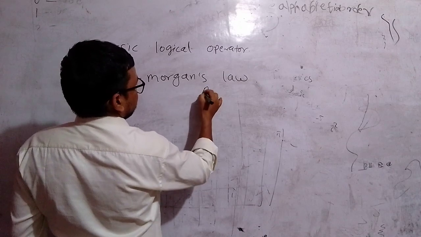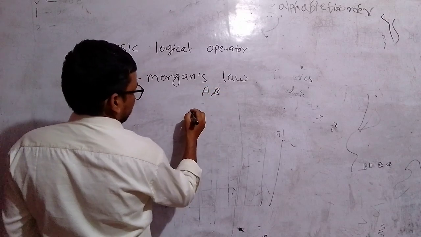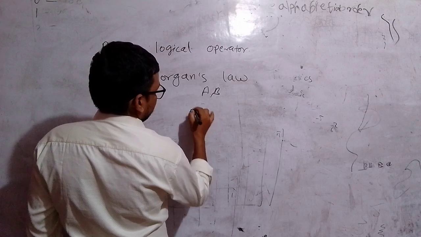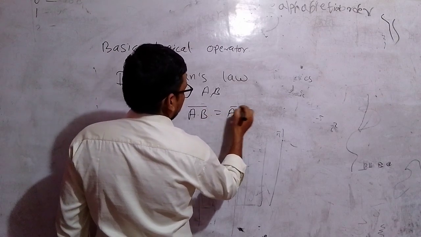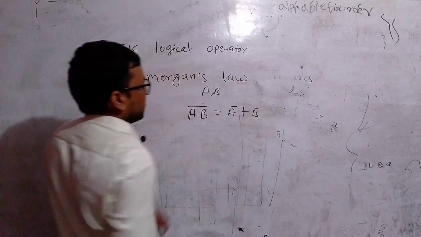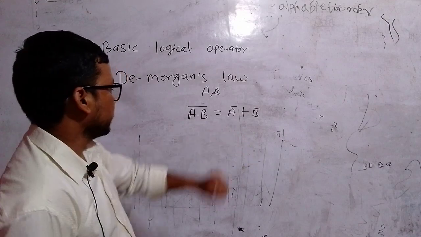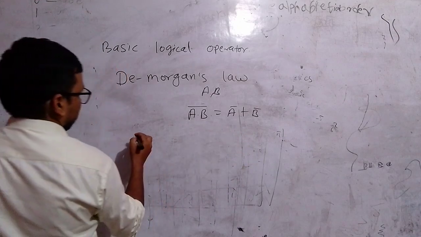Let's take two terms, A and B. What is De Morgan's first rule? A dot B complement is equal to A complement plus B complement. Let's verify this using a truth table.